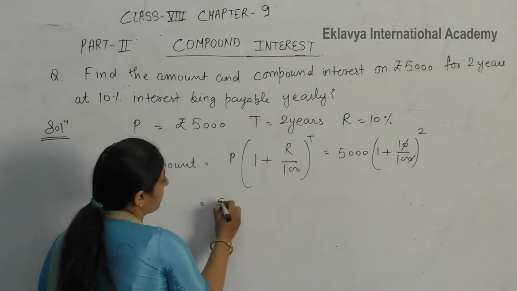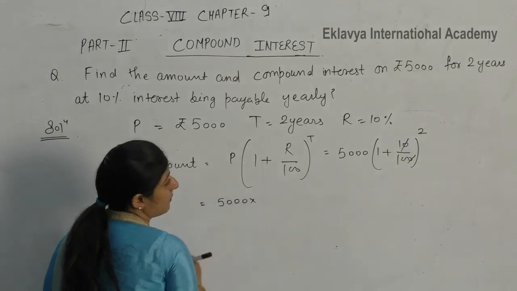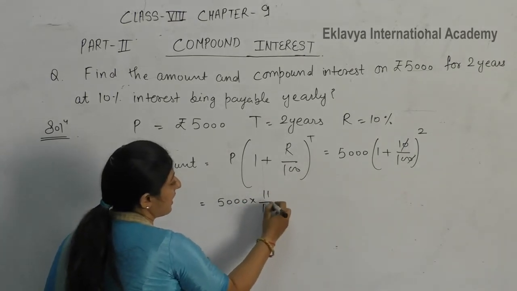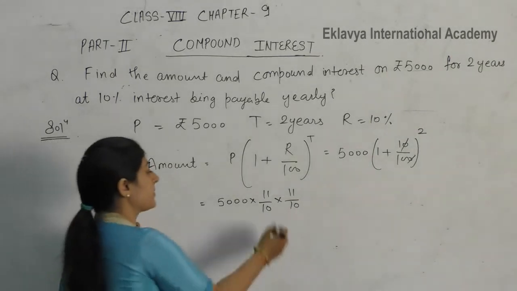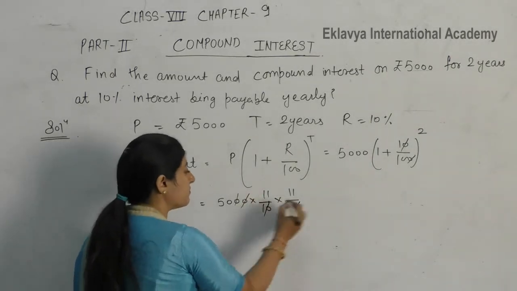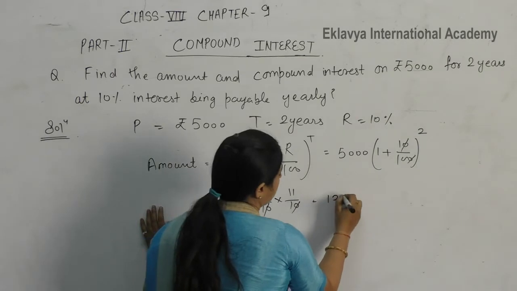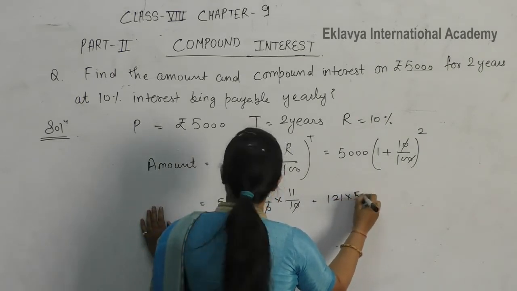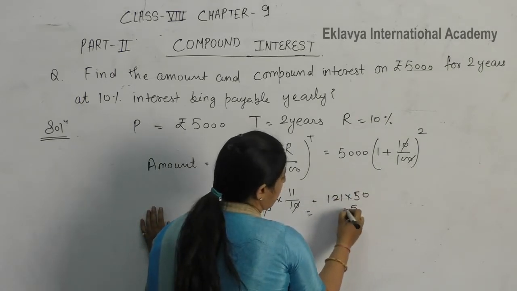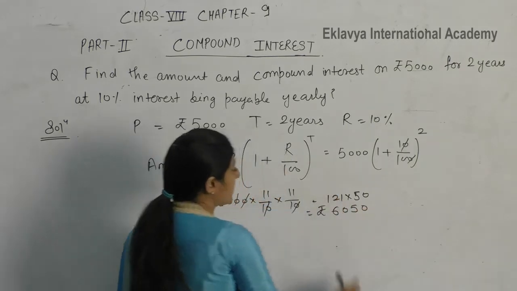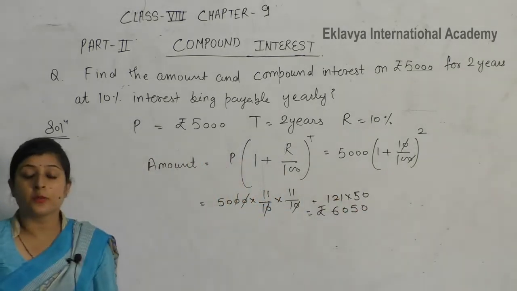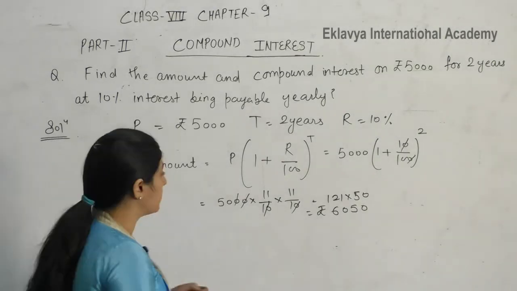Now it becomes 5,000 multiplied by (11 by 10) squared. Cancel out: 11 elevens are 121, and this is equal to 50 times 121, which is rupees 6050. So the amount is rupees 6050.